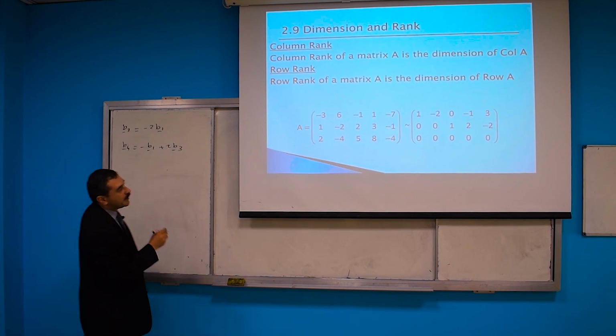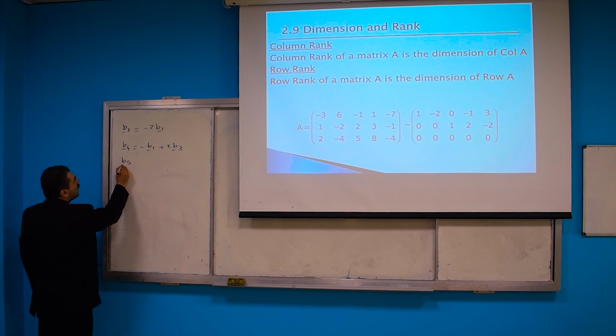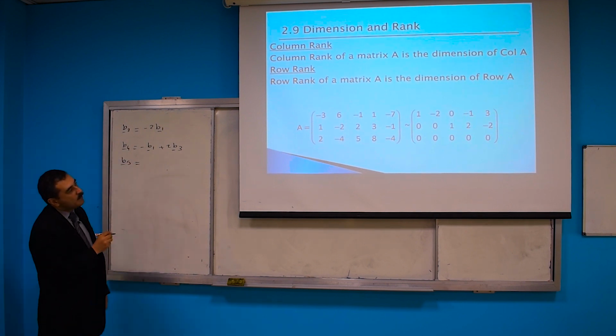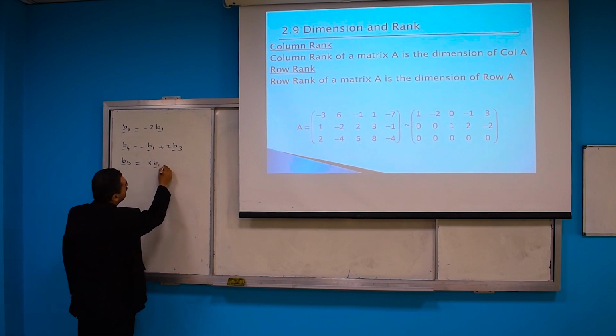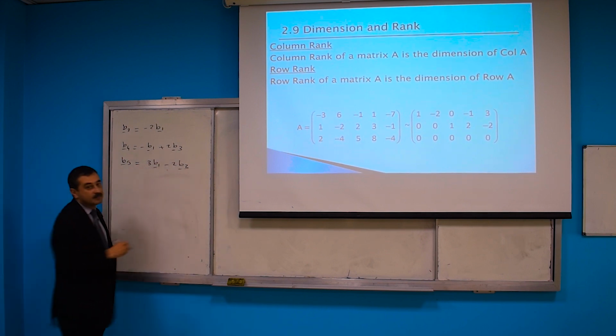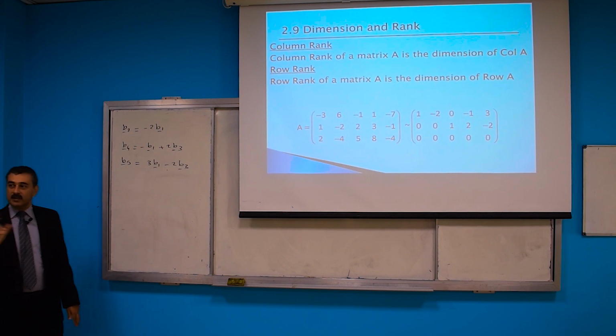What about B5? It is 3 B1 minus 2 B3. Is it clear how to read it?